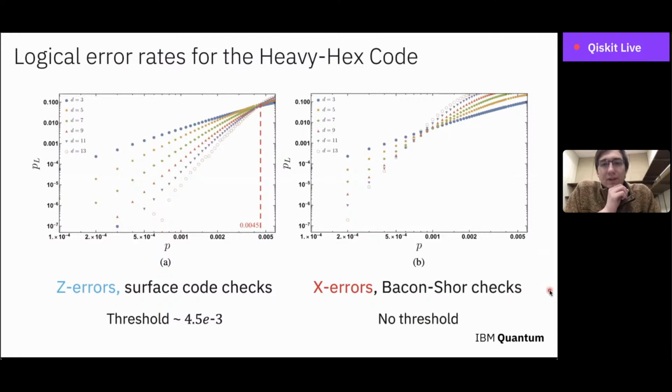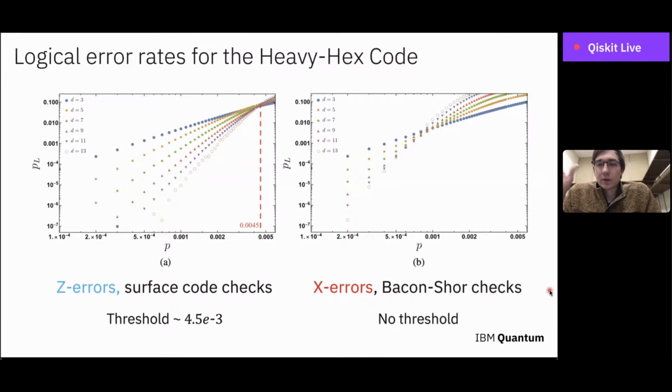Okay, so those are the circuits, and that's how you use the flag information and the circuit information. I just want to show the complete set of plots for the heavy hex code. You saw the one on the left earlier. This is where there are Z errors and the surface code checks. But on the right, we have the case where there are X errors, and we're using these Bacon-Shor type checks. Now, the thing about the Bacon-Shor type checks is that there's actually no threshold, whatever decoding algorithm you use.